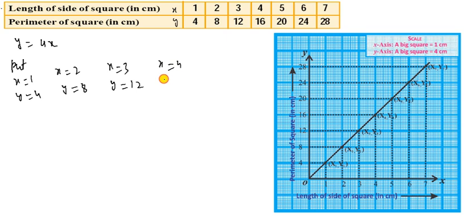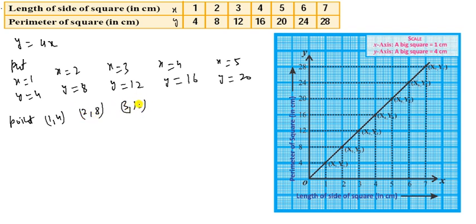If x equal to 4, so y is equal to 4 fours, 16. And if x equal to 5, so y is equal to 5 fours, 20. So the points are 1, 4, and 2, 8, and 3, 12, and once again 4 and 16, and 5 and 20.